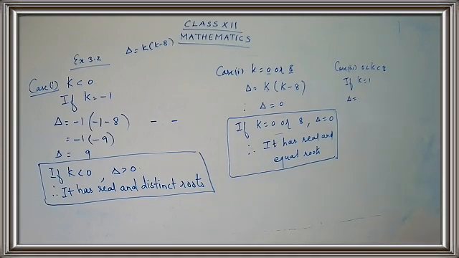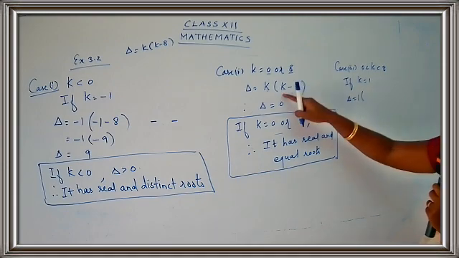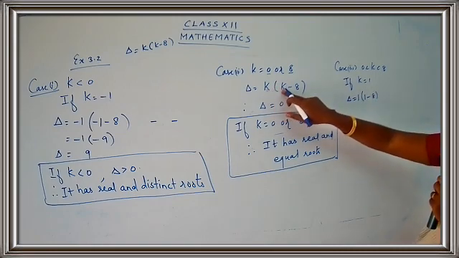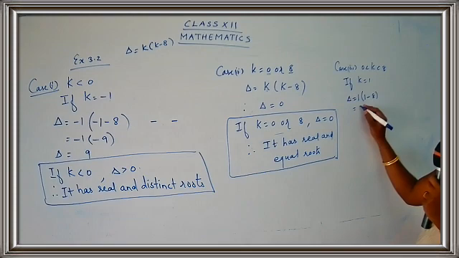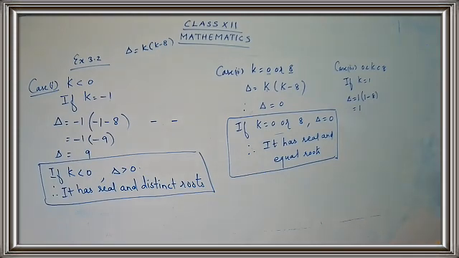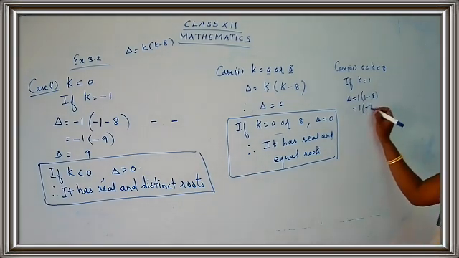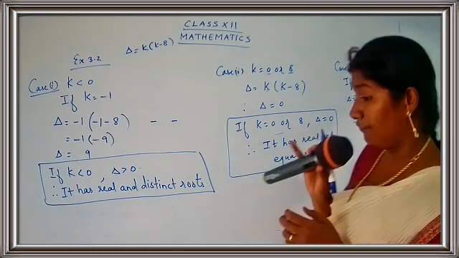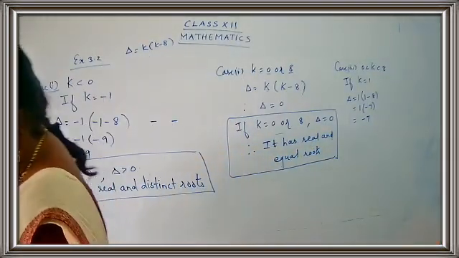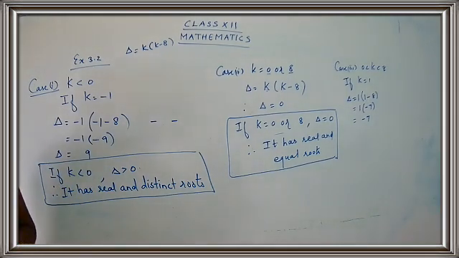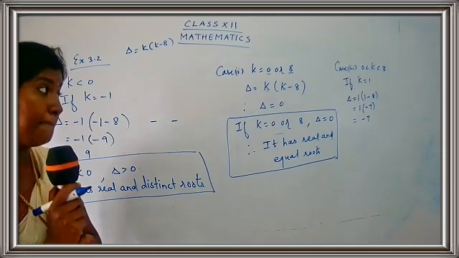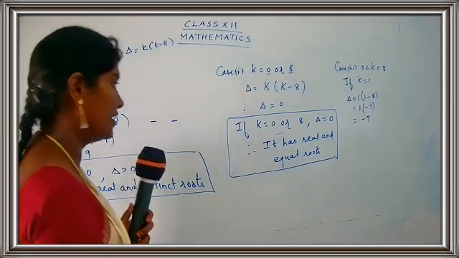So you have to write down here 1 into 1 minus 8. 1 minus 8 gives you minus 7. So if k is equal to 1, you get delta is equal to minus 7. What is the meaning of minus 7? Less than 0.